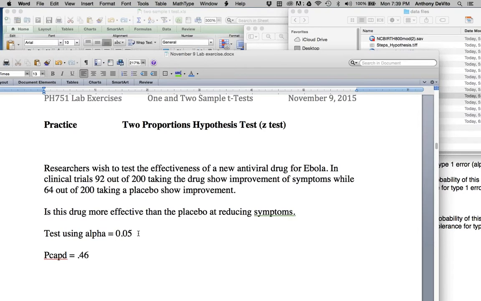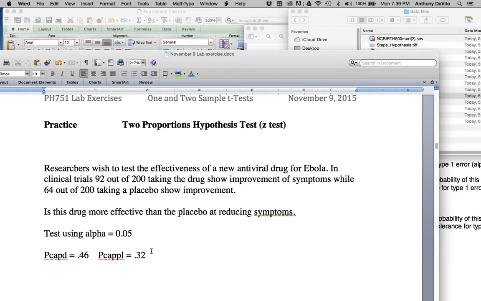Am I right? That's 0.46. And p-cap placebo is equal to 64 out of 200. Is it going to be 0.32? Right? Just a proportion. 64 out of 200 is just 0.32.